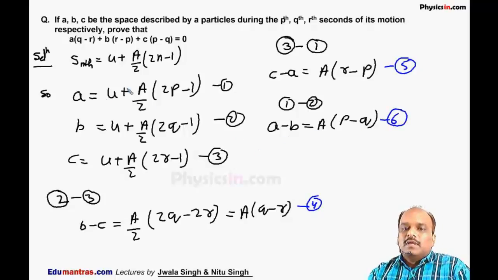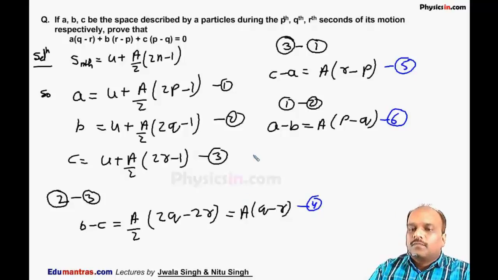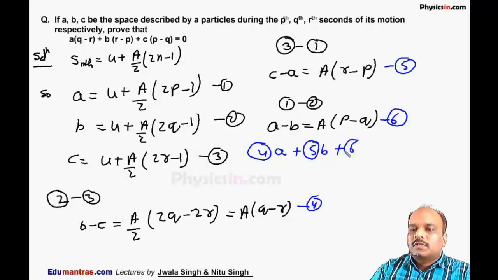Now multiply the fourth expression with A, plus the fifth expression with B, and the sixth expression with C, then we finally get 0.